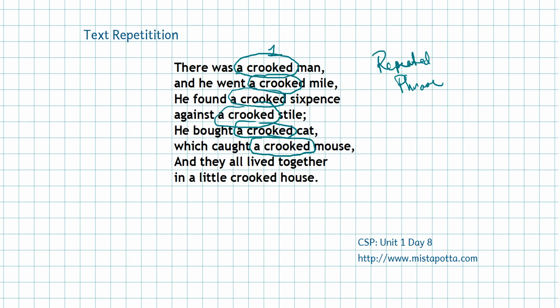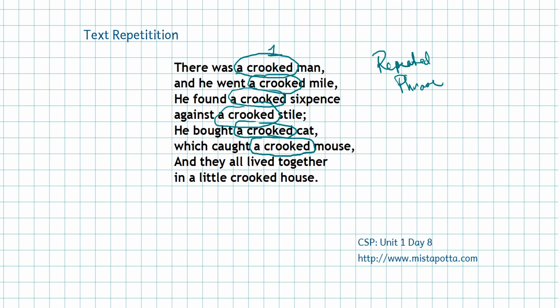I can't do it here because I don't have "a crooked," I just have "crooked." So that will probably be in our second step when we start substituting for just words. I'm really looking for phrases, so multi-word expressions, and these are the only ones that I see that are repeated.